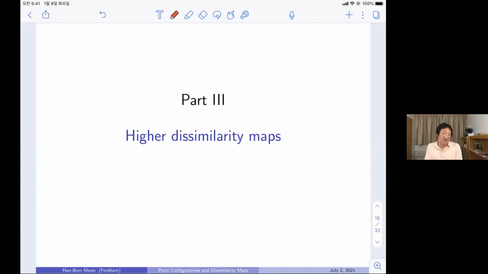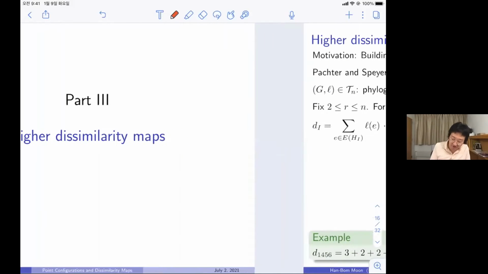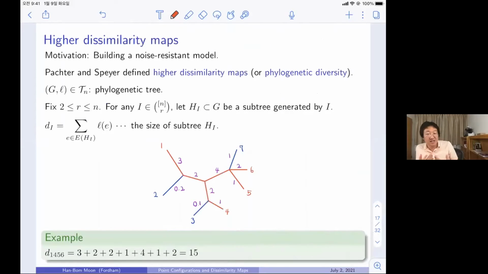So now here is the beginning, the start of a new story. As I have explained so far, the motivation of this problem came from computational biology. But the dissimilarity vector and the dissimilarity map, phylogenetic trees, they are wonderful, but there was one problem. For essentially all scientific data, including the distance between 2 species, we have noise.